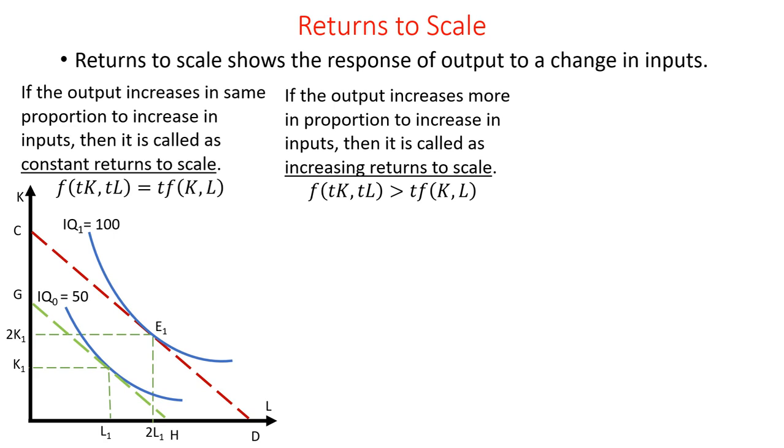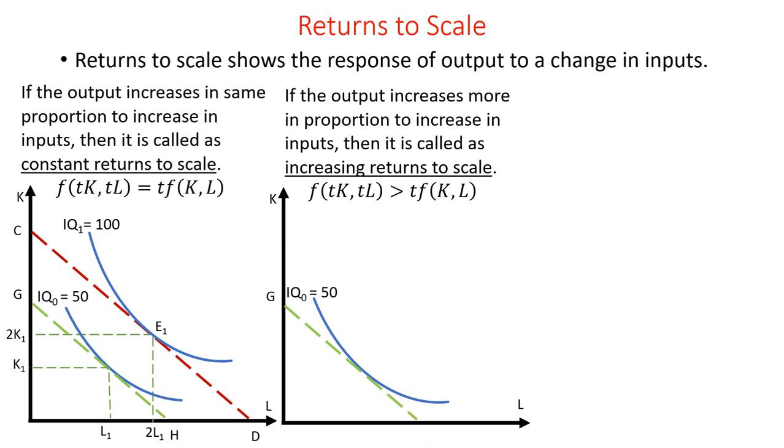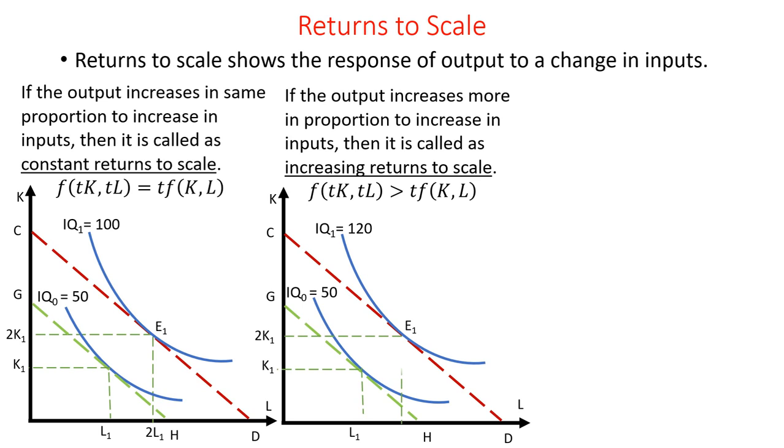That is, let's suppose the manager of the firm doubled the quantity of labor and capital, but the output produced as a result of doubling both inputs is higher than double of the initial level of output. Then this situation is called increasing returns to scale. This is represented as.